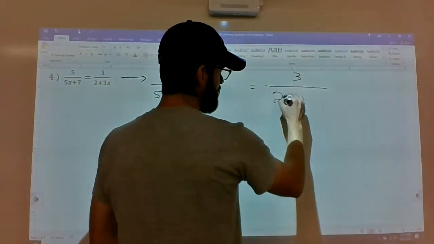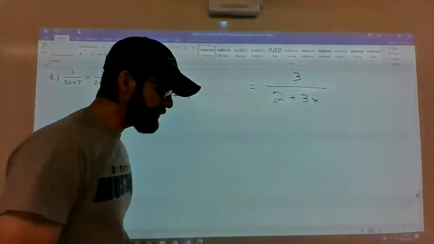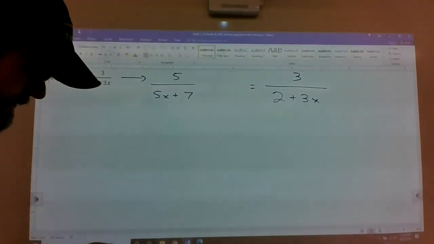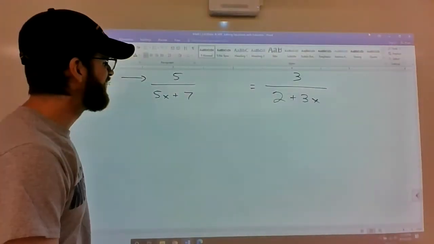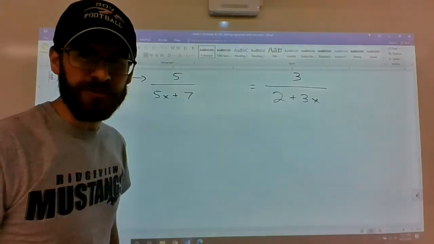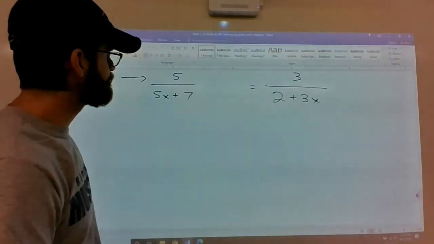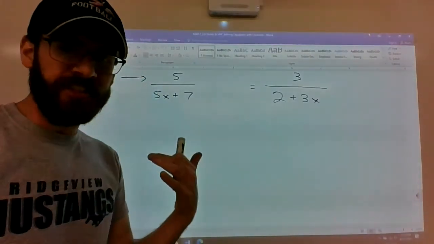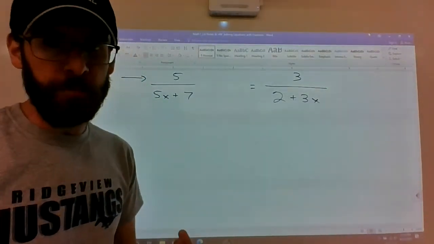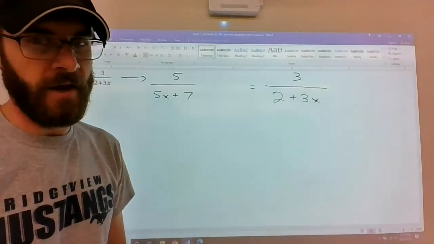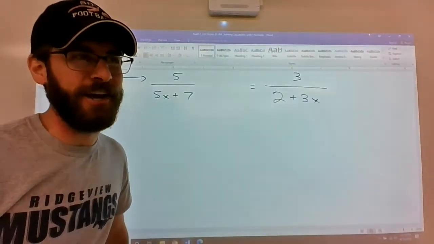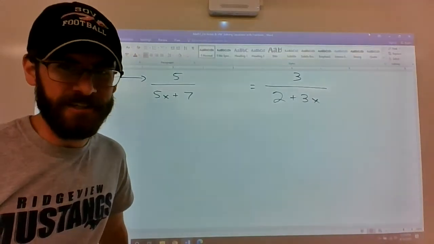Okay, so let's say we still just wanted to find common denominators, okay? How do you find common denominators when there's x's in there? Well, it just means that the denominator has to be the same in both parts, okay? Actually, no, I'm not going to go that route just now. I got a better idea.